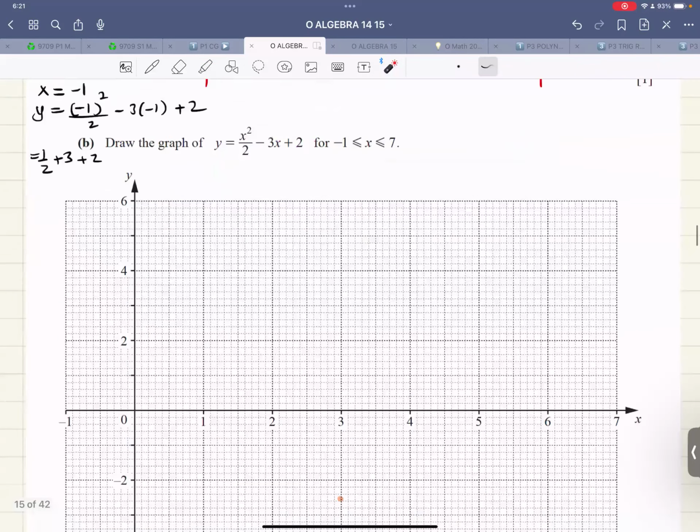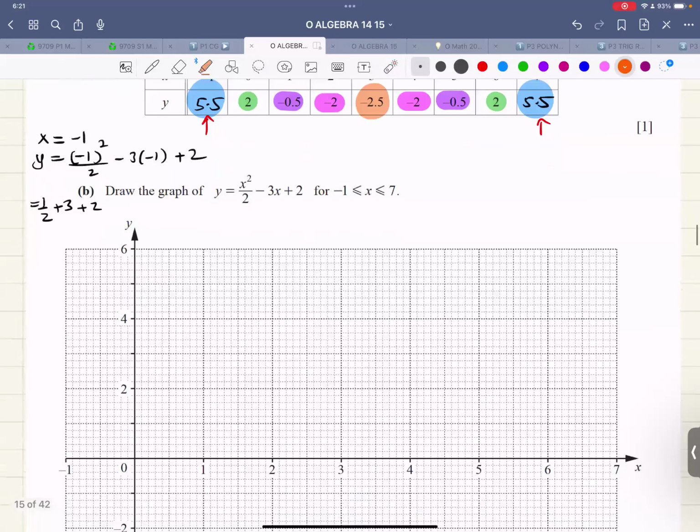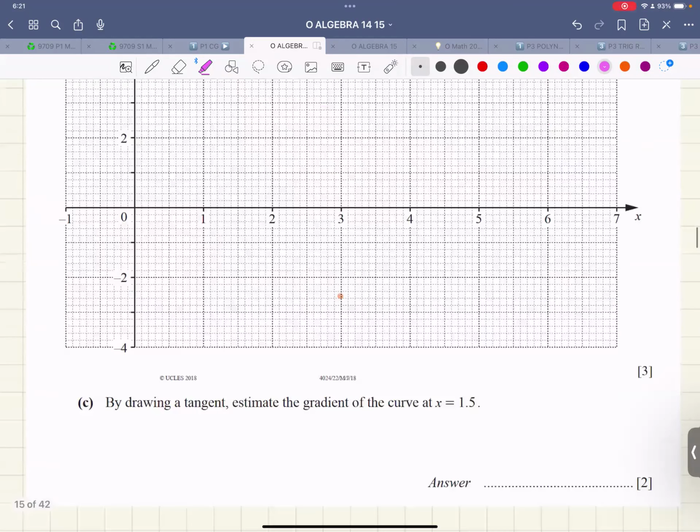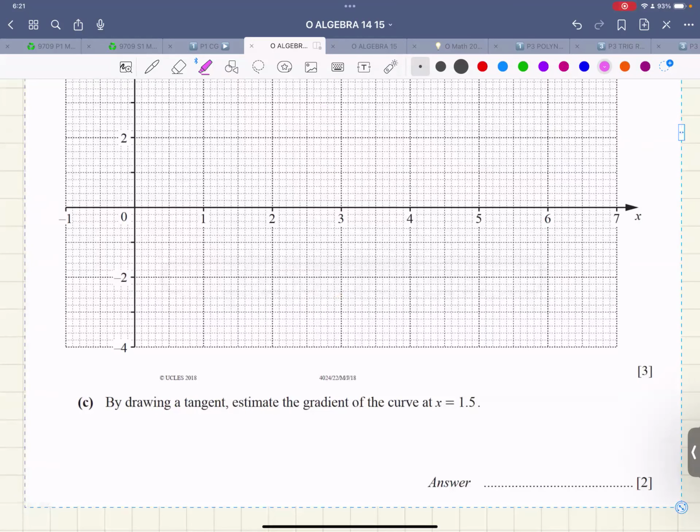Perfect. The other points, the pink ones: 2 and 4 are giving me -2. So 2 is giving me -2, and 4 is giving me -2.